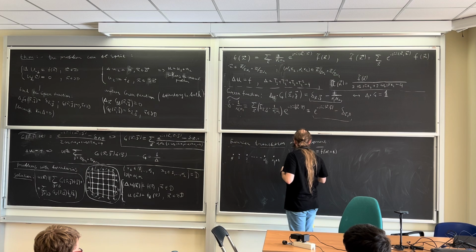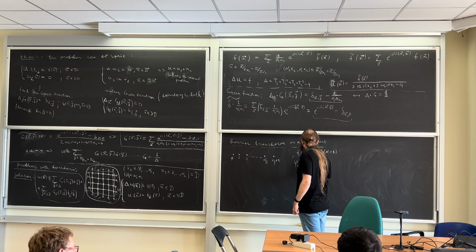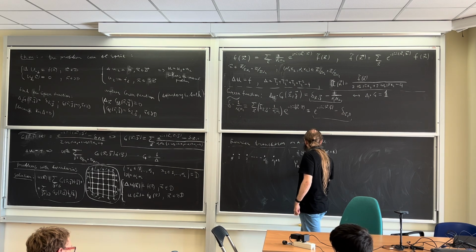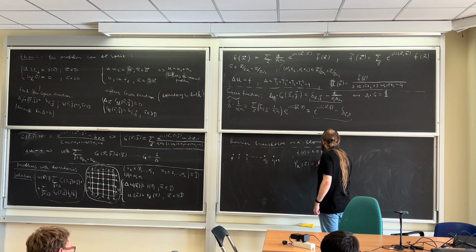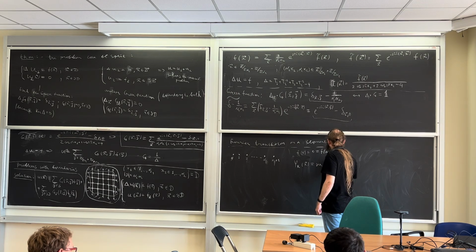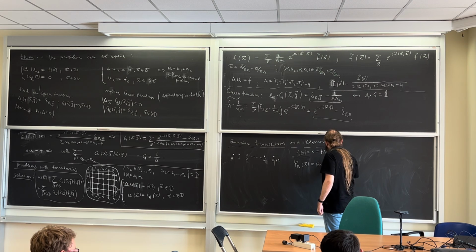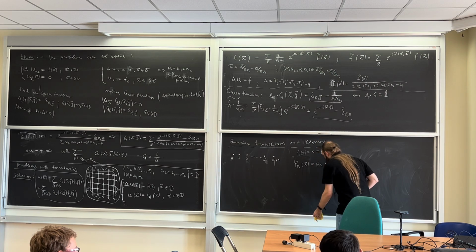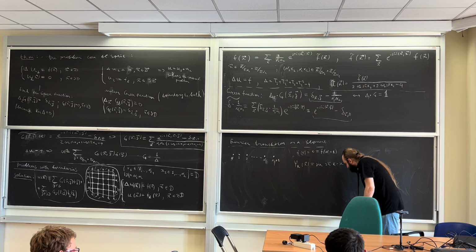So let us try to choose functions like phi k of x equal to a sine of 2 pi k times x.